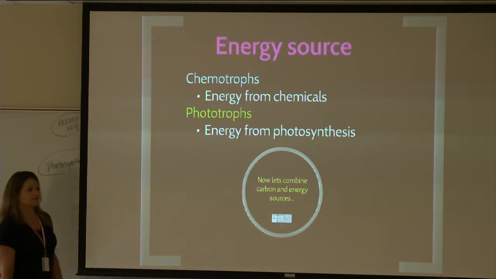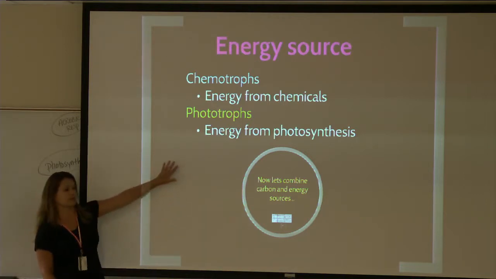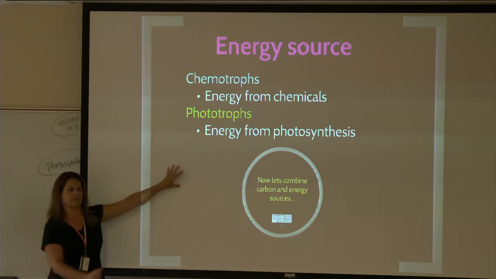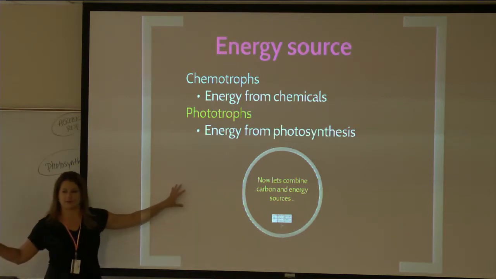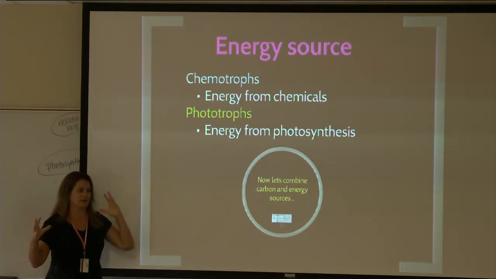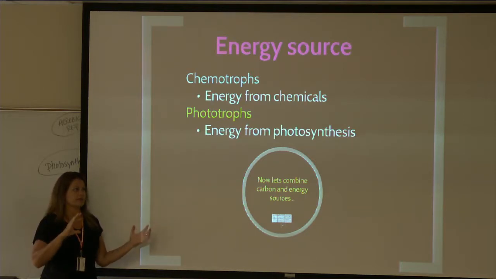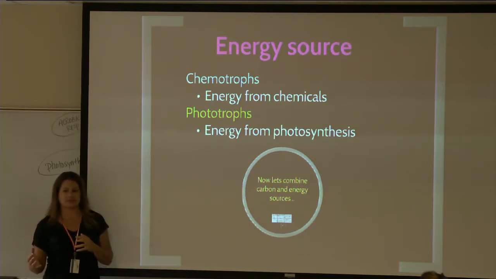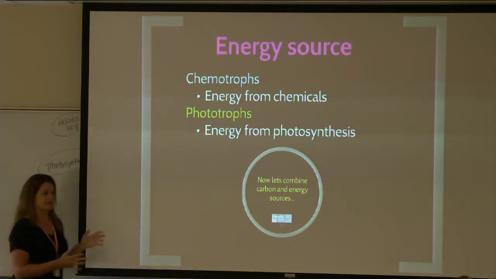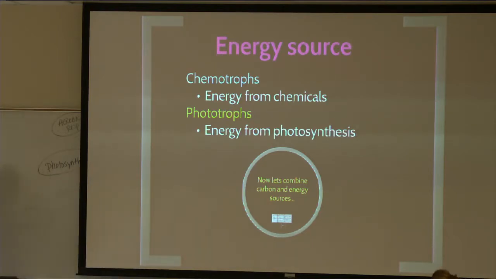Not bad until you combine the term phototroph with the term autotroph, or the term phototroph with the term heterotroph. And then it comes down to, did the auto mean carbon or energy? Does the photo refer to carbon or energy? Which is why, in this case, flashcards might help keep these terms straight.